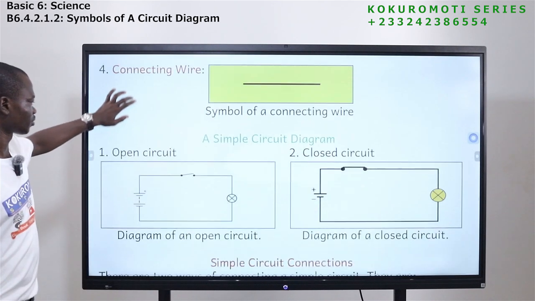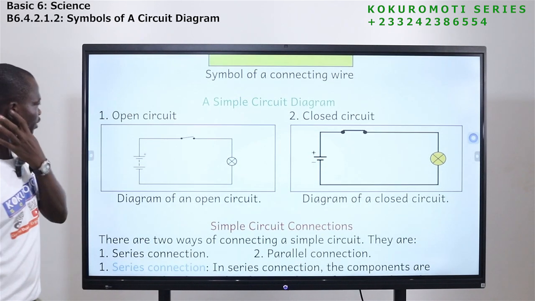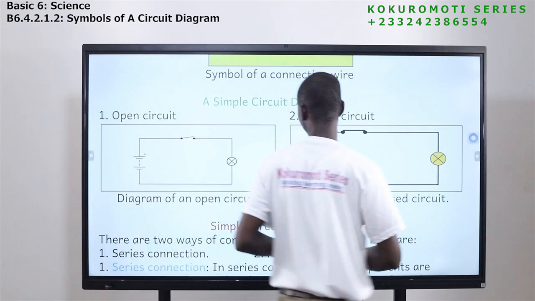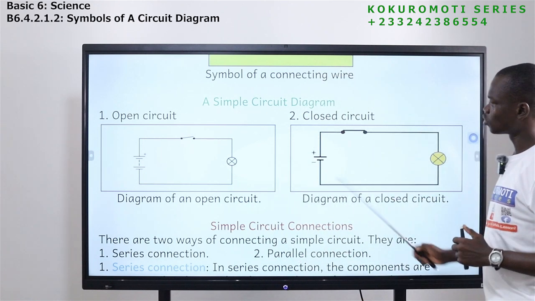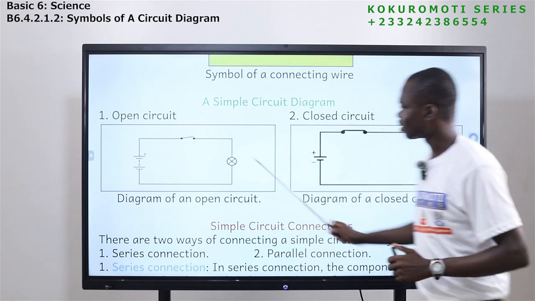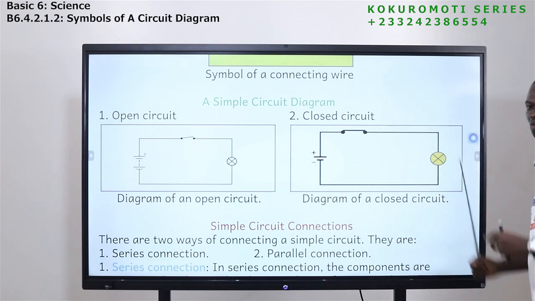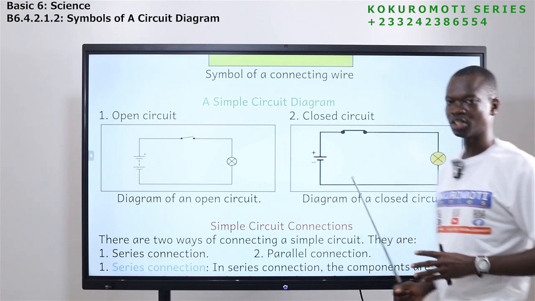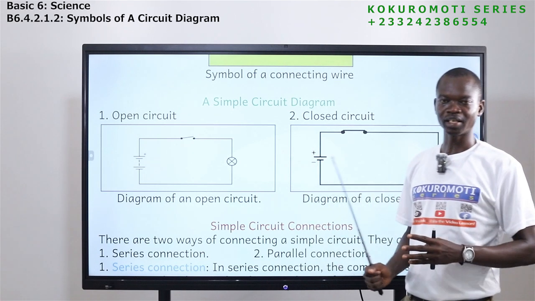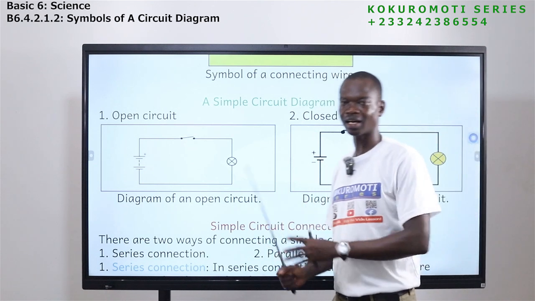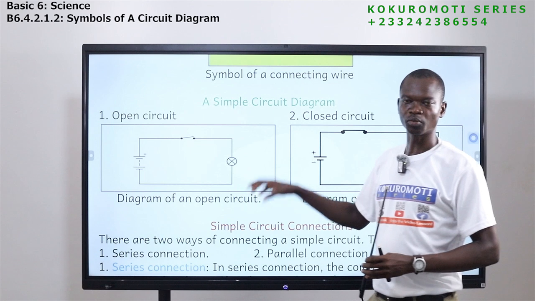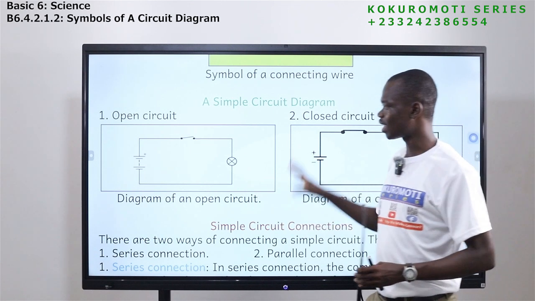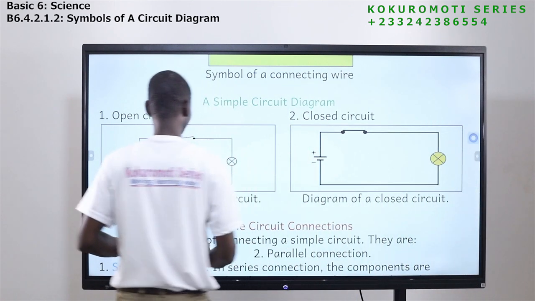Now, this thing is very important. I want us to pay attention here. This is a simple circuit diagram. This is another simple circuit diagram. Why is it a simple circuit diagram? It's a diagram because it is a drawing showing an electric circuit with symbols. Here, this is a symbol.